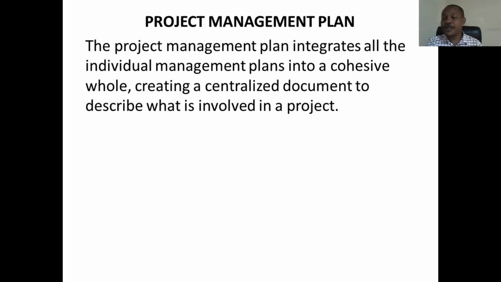Right in the project management plan, you can find the cost management plan, the scope management plan, the schedule management plan, the quality management plan, the risk management plan, the resource management plan, the communication management plan, the procurement management plan, and the stakeholder management plan.